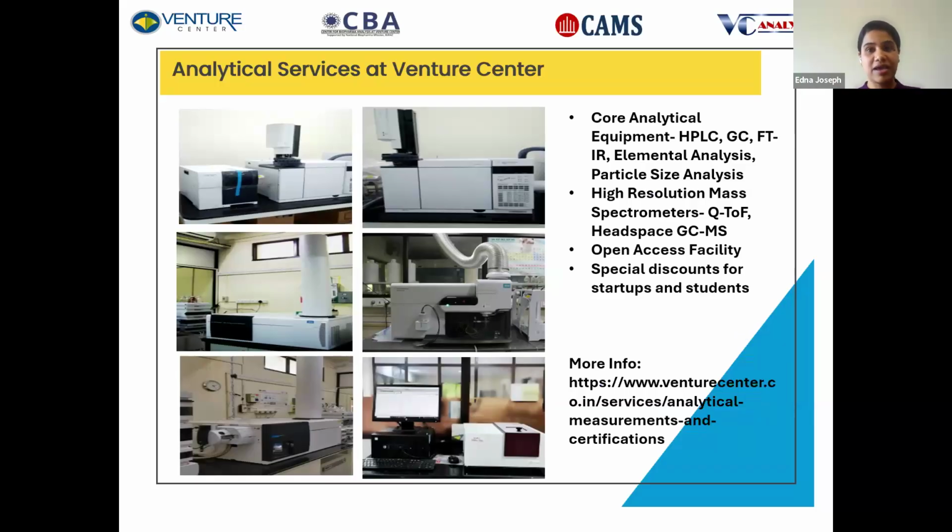Then we have some high resolution mass spectrometers. We have QTOF systems and a GC headspace system available at Venture Center. All of these are open access, and all the details are available on our website. You can reach out if you have any specific requirement. These are open access facilities, and we have special discounts for startups and for students.